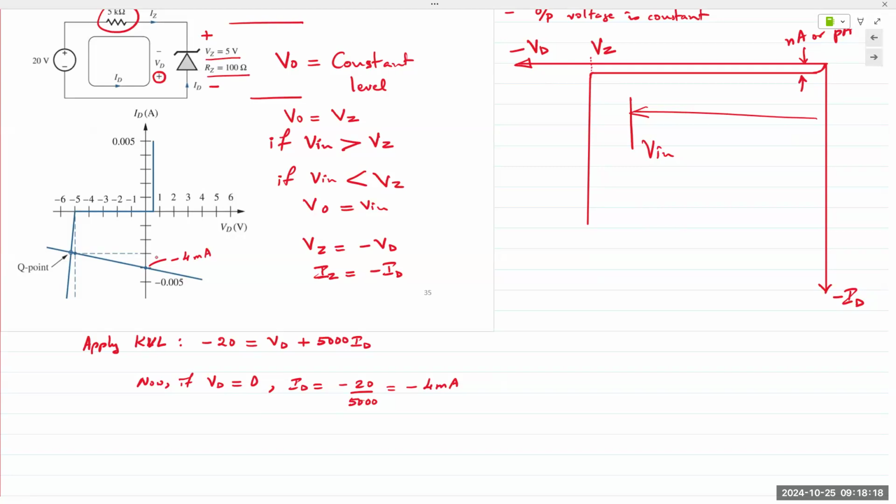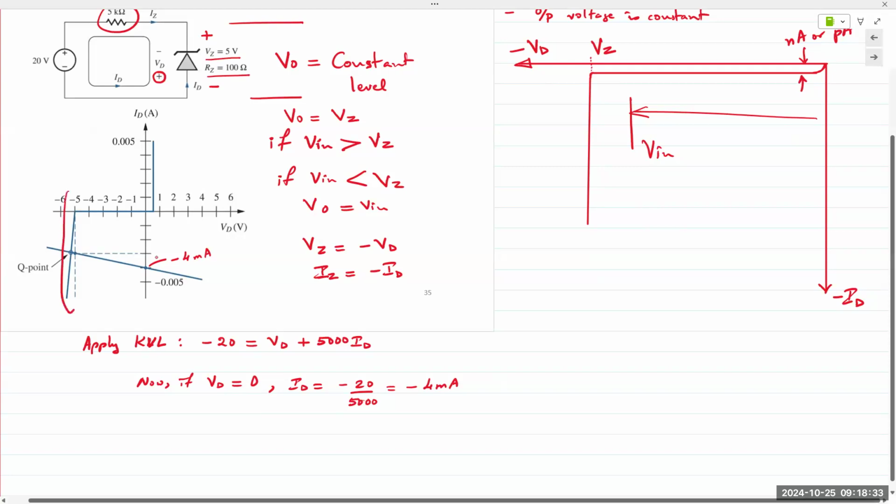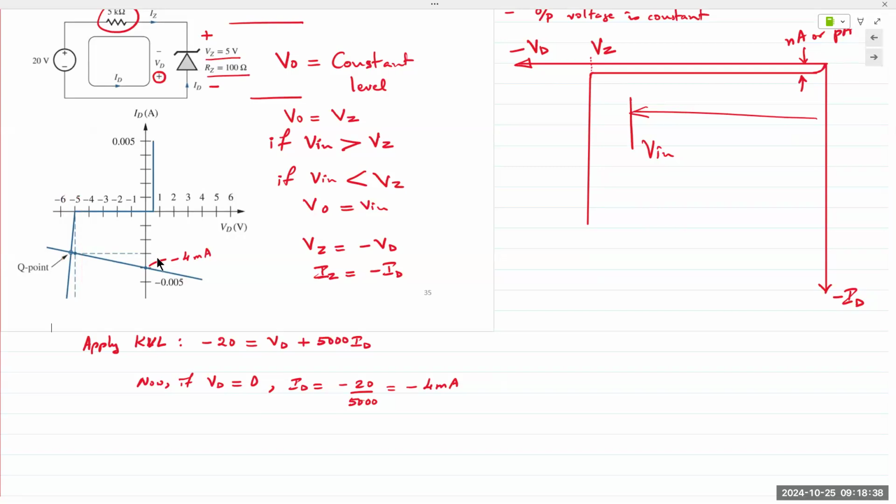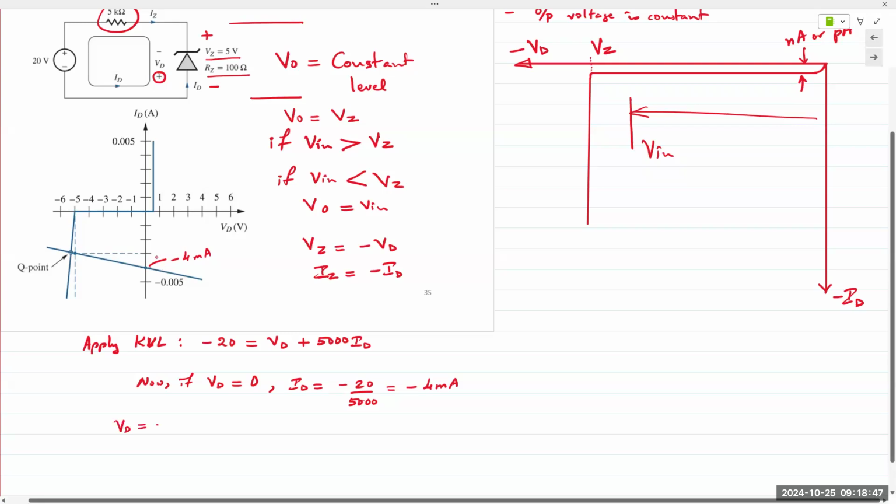So far, so good, right? Then we'd find the far point on the left, but we don't actually need to go too far to the left. What we want is to find a point that intersects our characteristic curve right here. So we simply choose the Zener voltage as the VD point. For the next point, we choose VD as minus 5 volts.